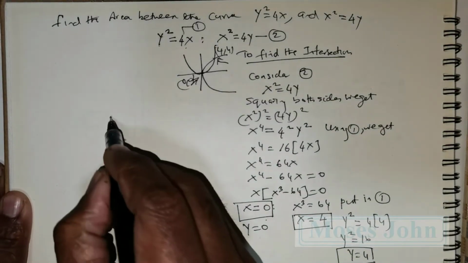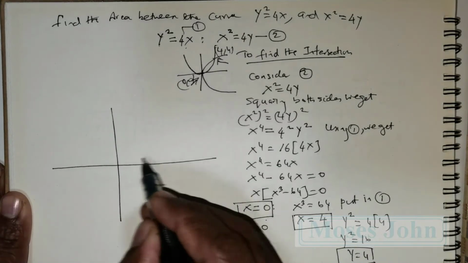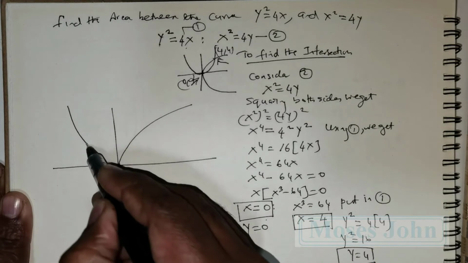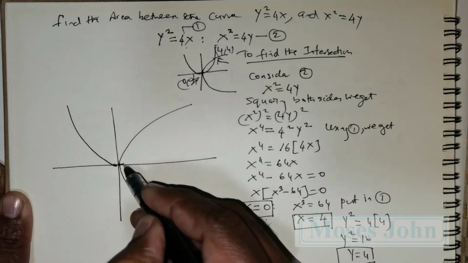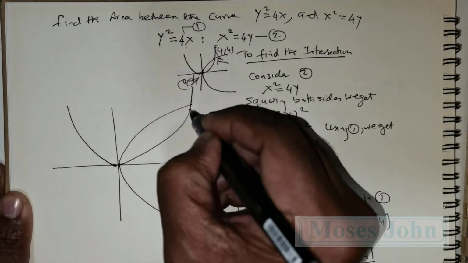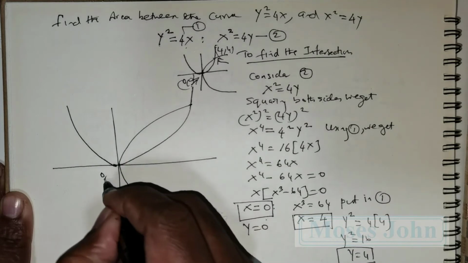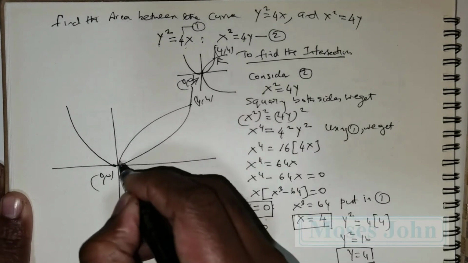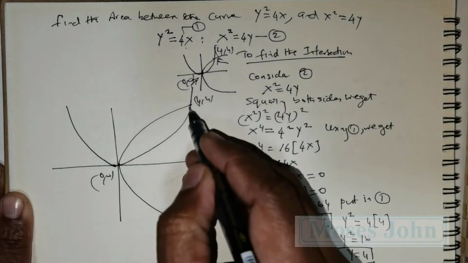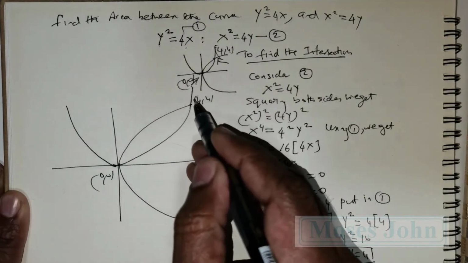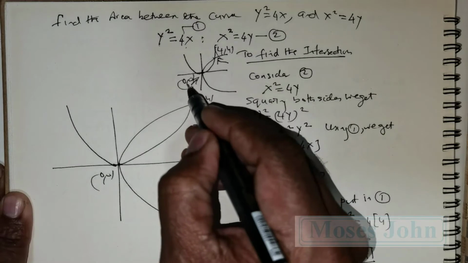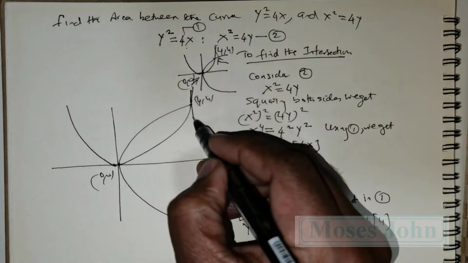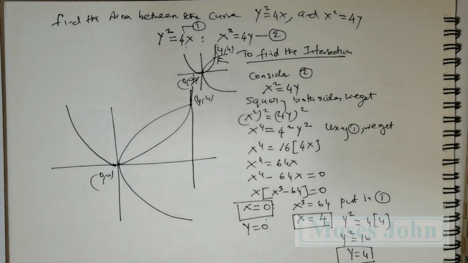Now if you were to draw this figure a little bit bigger, you would have something like this. So this is (0, 0). This point is (4, 4). Now if you want to find the region, let me draw a line like this, the intersecting line.